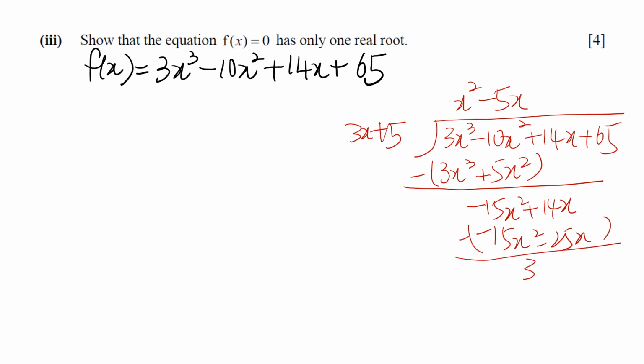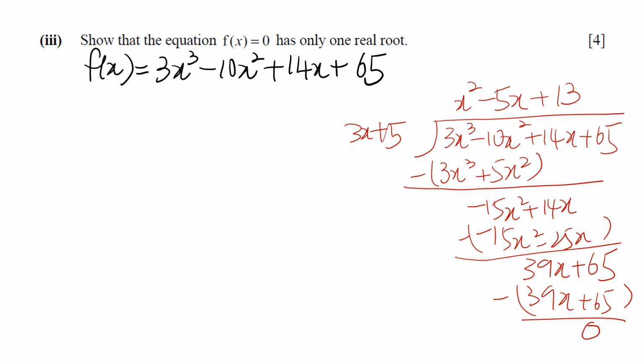That will give me 39x plus 65. Again, 13. Alright, so therefore your 3x cubed minus 10x squared plus 14x plus 65 can be factorized into 3x plus 5 and x squared minus 5x plus 13.